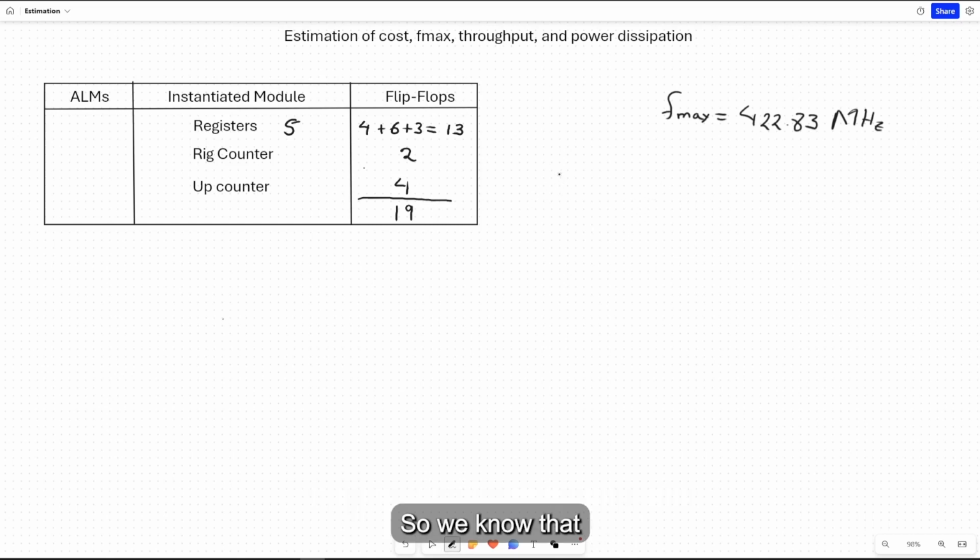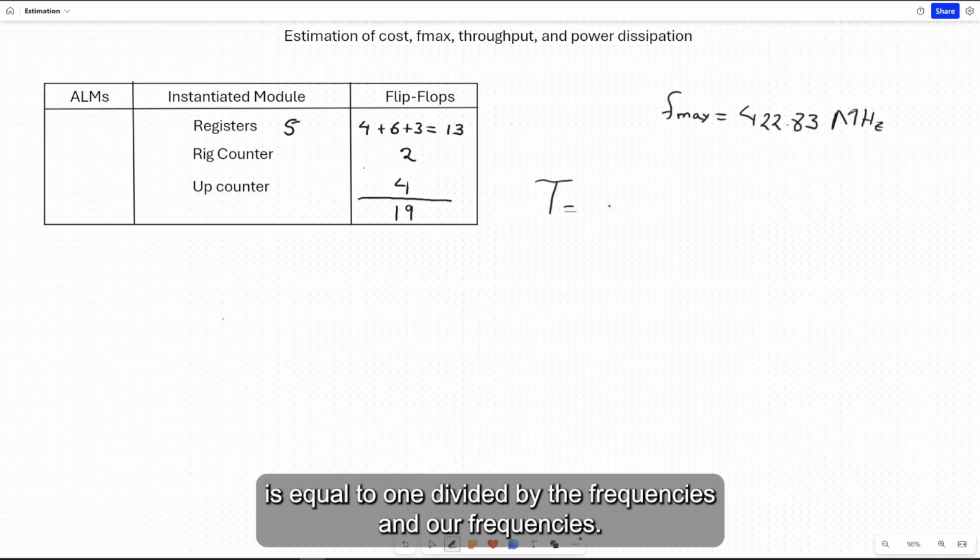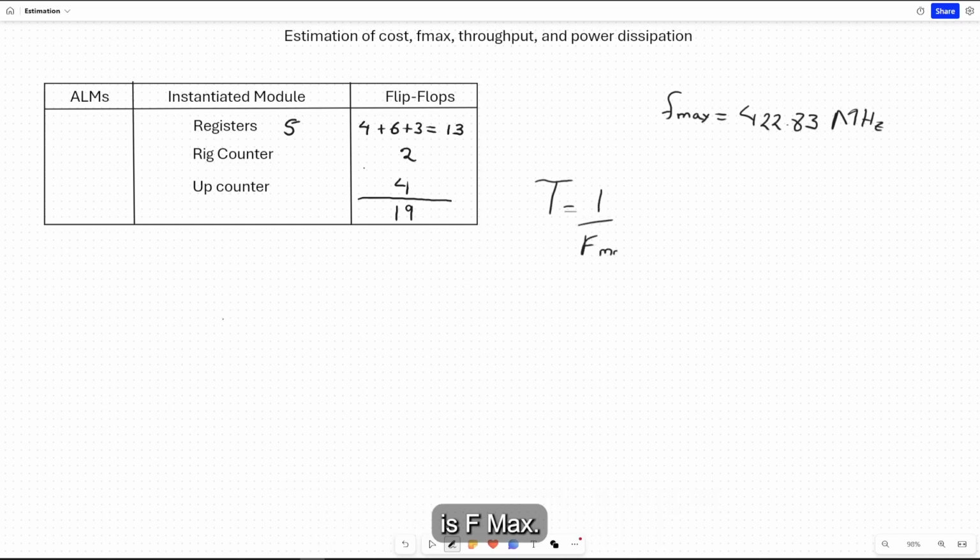So we know that the period is equal to 1 divided by the frequency, and our frequency is fmax. So this will give us roughly 2.365 nanosecond.